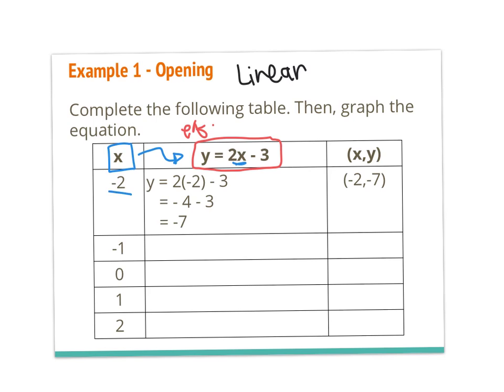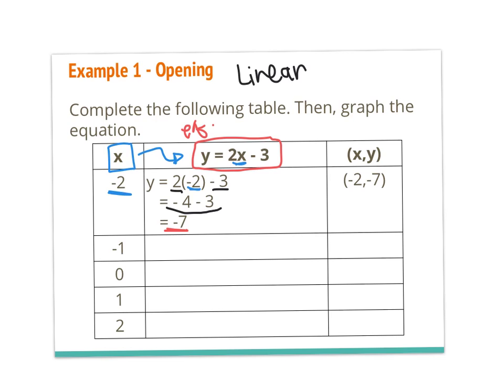So in this case, I started off with -2, and I showed you most of the work here. What I did is I plugged in -2 instead of the x, and I kept a 2 and a -3. In this case, 2 times -2 is -4 minus 3. Wrote that down. My answer is going to be -7.